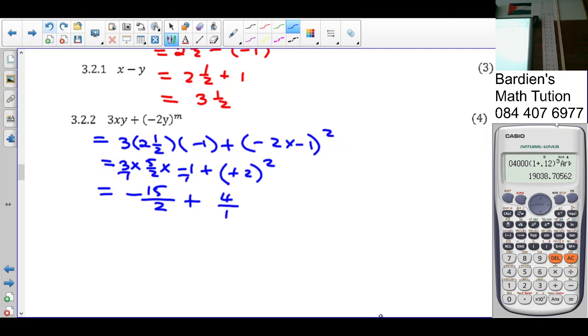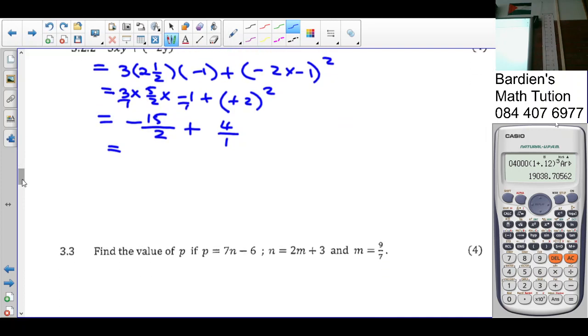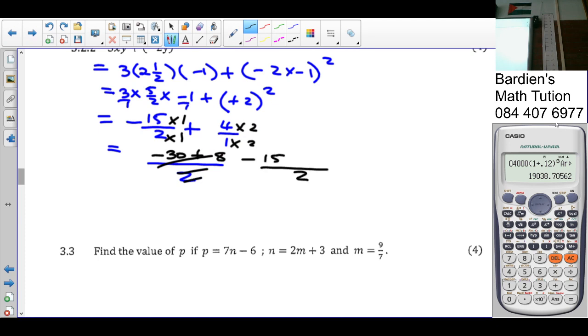But that's 4 over 1. What's your LCM here? 2. So this must be multiplied by 2, so it's negative 30. Multiply this by 2, negative 15. Okay, my mistake. So it's negative 15 over 2 plus 8. So what's negative 15 plus 8? Negative 7 over 2.